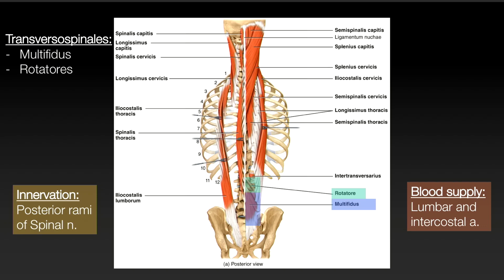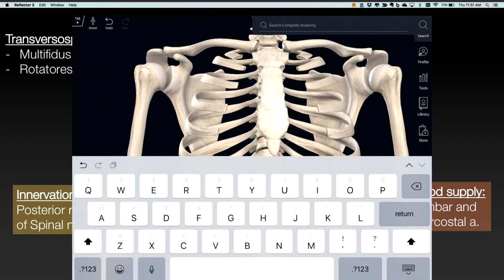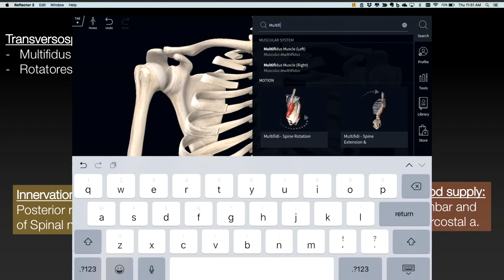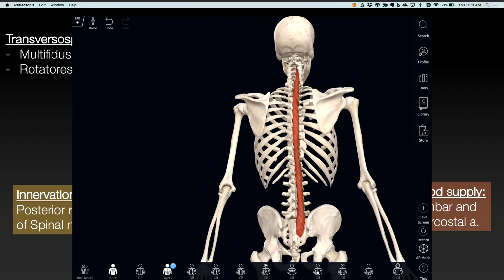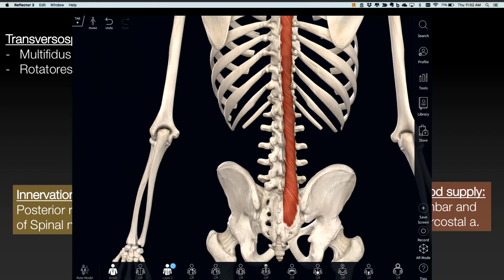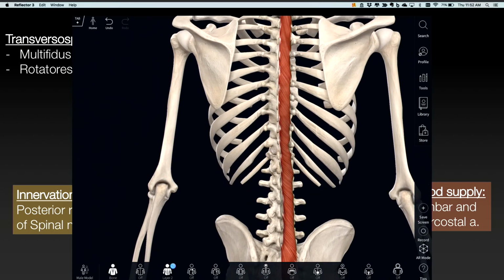So, entertain me. Let's take a look. Maybe entertain me isn't the right word. Humor me. Let's check out multifidus. Look at that. Multifidus. Long in its own right, but not made up of consistent long muscle fibers. You can see these all generally move superior and medially.